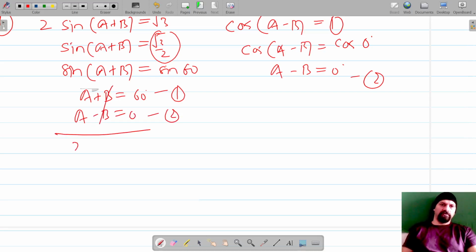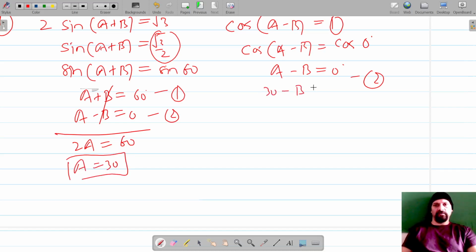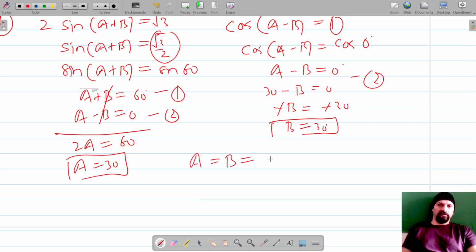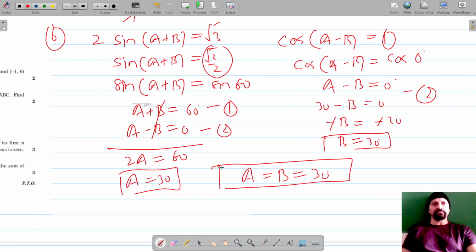If I add these two equations, it gives us 2A is equal to 60, which gives me A is equal to 30 degree. And from this equation, 30 minus B is equal to 0, which gives me minus B is equal to minus 30. So B is also equal to 30 degrees. So in this case, the angles A and B both are equal to 30 degrees.